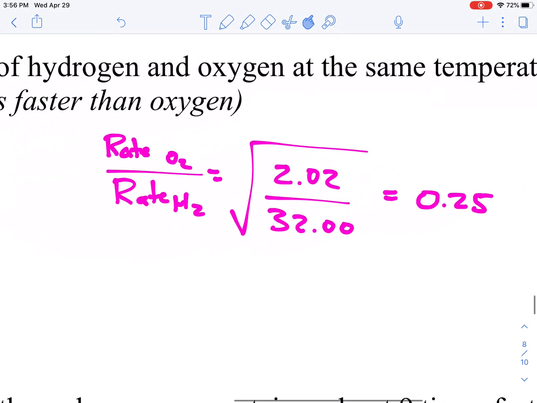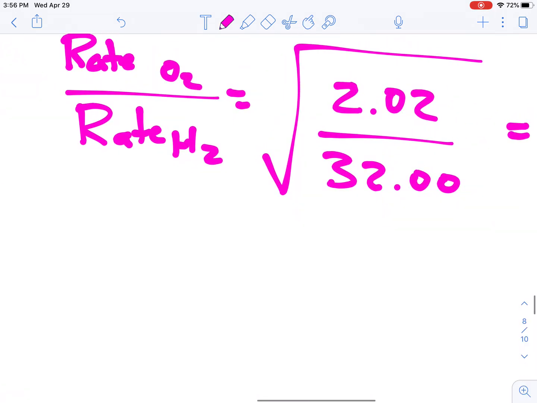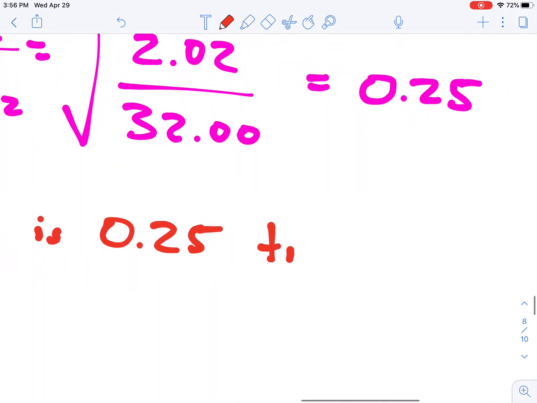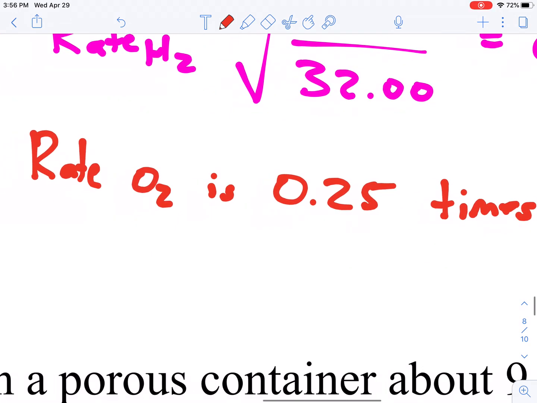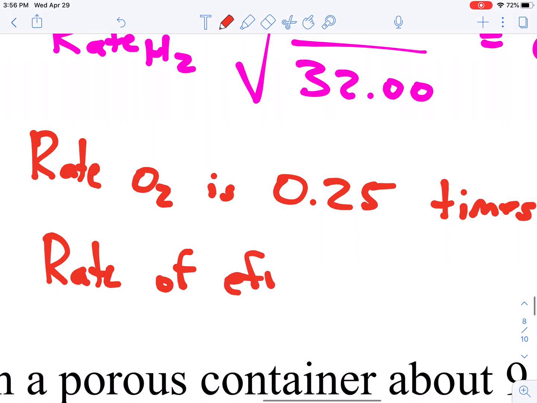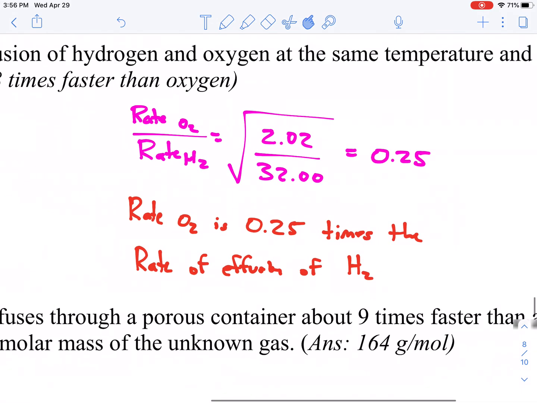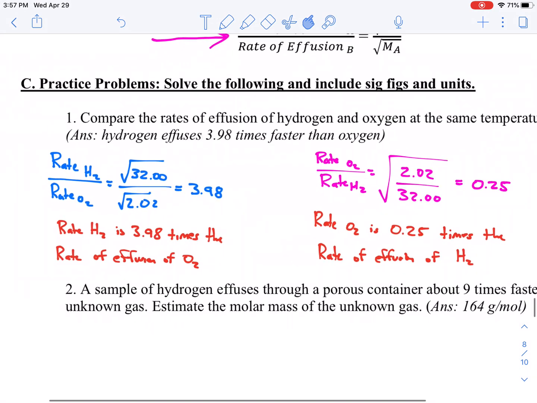So if you read that, it would say the rate of effusion of oxygen is 0.25 times the rate of effusion of H2.